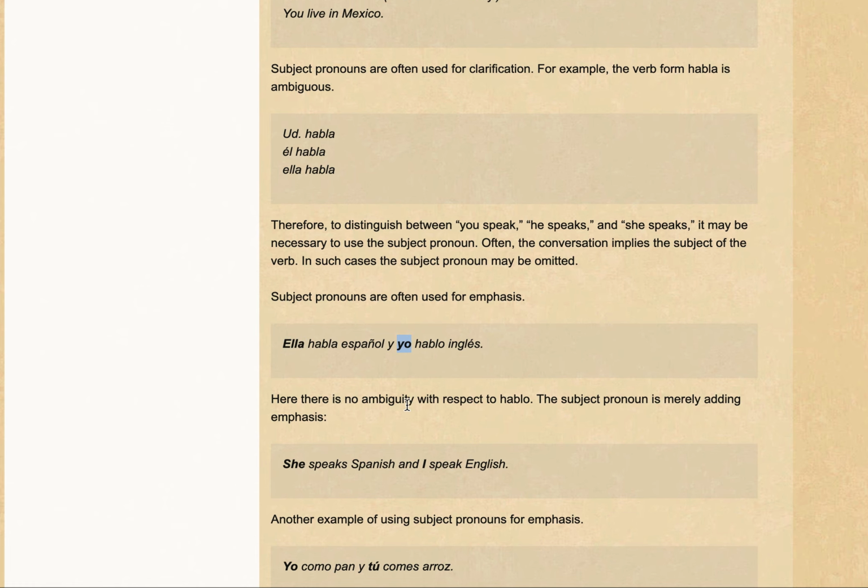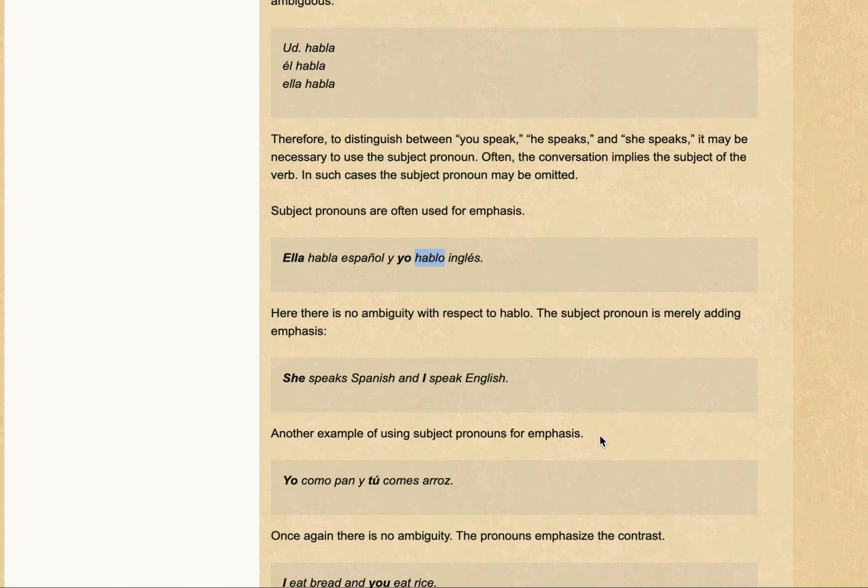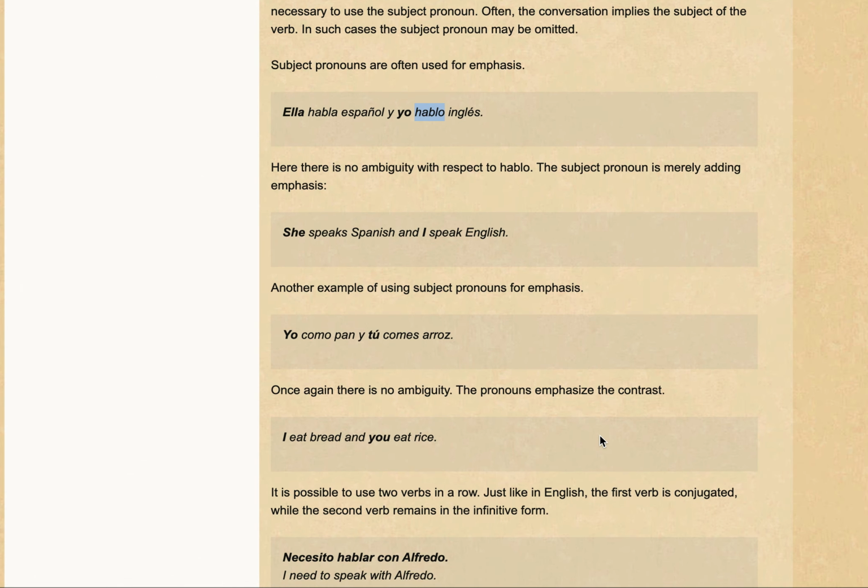Even though we don't need yo in this case, because there's no ambiguity with respect to hablo, the subject pronoun is merely adding emphasis.